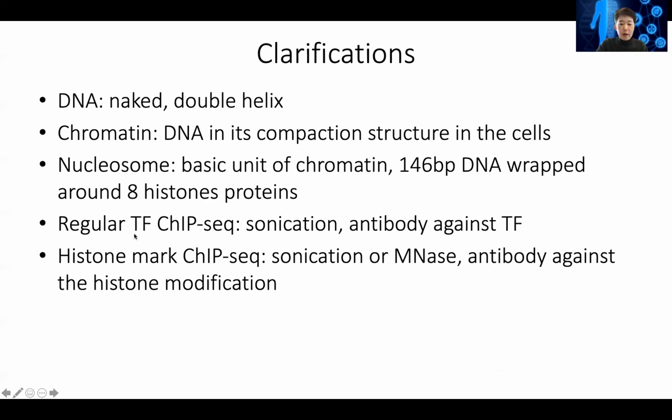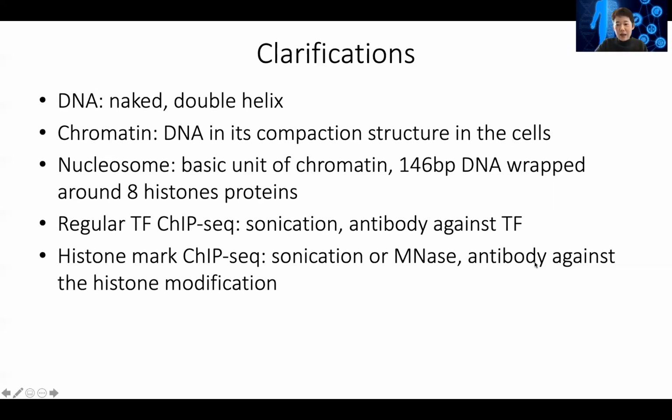And for regular transcription factor ChIP-seq, you use sonication to fragment the DNA. You use the antibody against the transcription factor that binds to the DNA. For histone-mark ChIP-seq, you can use sonication, or you can use micrococcal nuclease. Basically, you cut on all the nucleosome-free regions, and you collect all the nucleosomes like pearls with the DNA still around them.